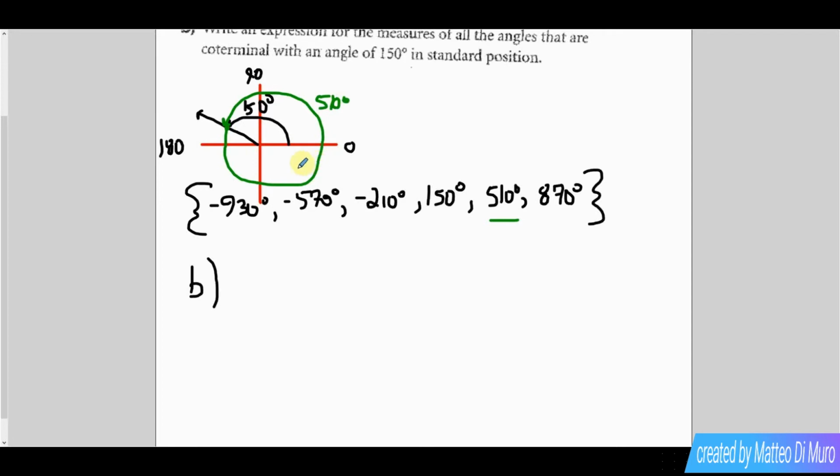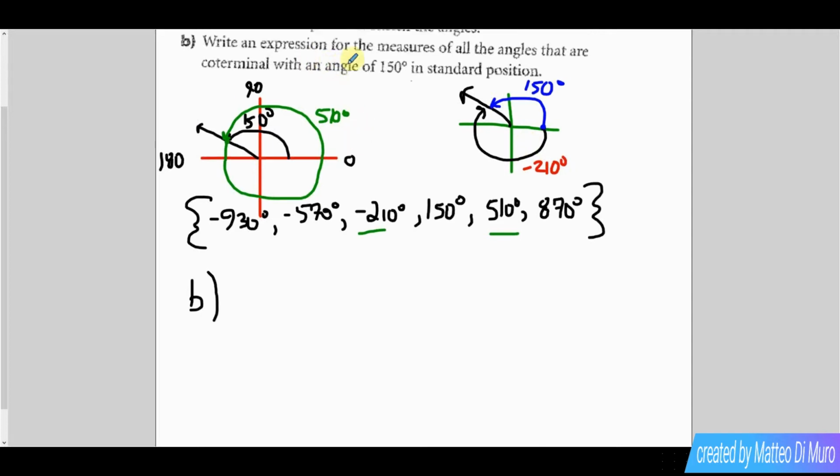If I was to sketch an angle of negative 210 degrees, that means I'm going backwards. So I'm starting here, I'm moving clockwise, and I'm going to end up in quadrant 2, right? It's exactly the same as 150. The only difference is that to get there, we traveled negative 210 degrees. So that would be the sketch in standard position of 150, which if we start here and go this way, we get exactly to the same place, but we traveled 150 degrees counterclockwise.